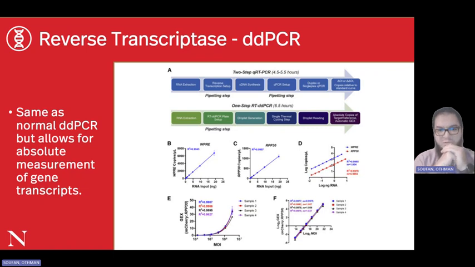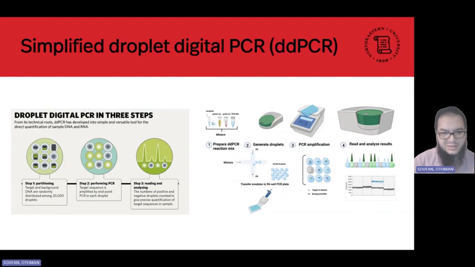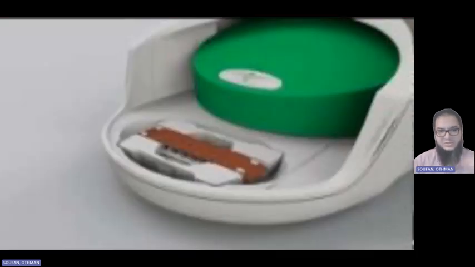This is reverse transcriptase DT-PCR. We now looked into the droplet digital-based PCR that can take the sample and, as we looked earlier, partition that into many thousands of droplets.